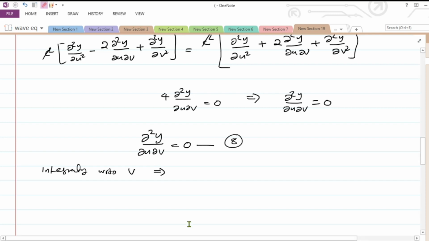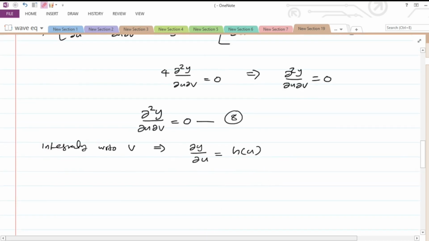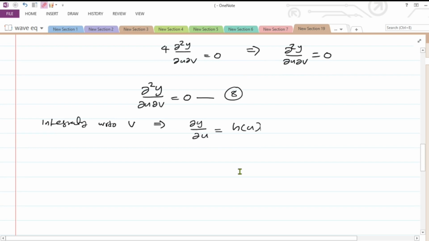What we get is ∂y/∂u equal to, since we are integrating with respect to v, some function of u, so h of u. Now we integrate again with respect to u.